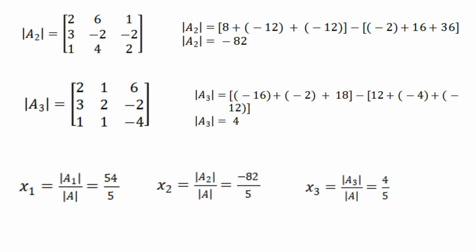And x sub 3 is equal to the determinant of A sub 3 over the determinant of A. So we have 4 over 5. Our solution to the system is x sub 1 equals 54 over 5, x sub 2 equals negative 82 over 5, and x sub 3 equals 4 over 5.